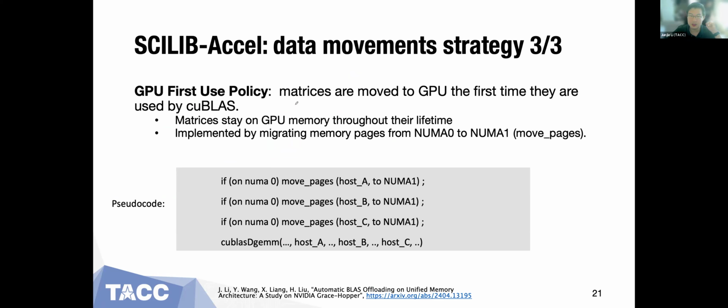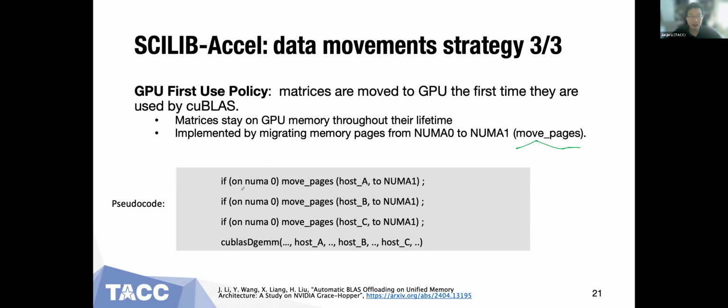Let's just review the salient features. The matrices are moved to the GPU the first time they are used by BLAS, and matrices are going to stay in the GPU memory throughout their lifetime. And this can be implemented by migrating the memory pages from NUMA 0 to NUMA 1 using the Linux kernel call move_pages.